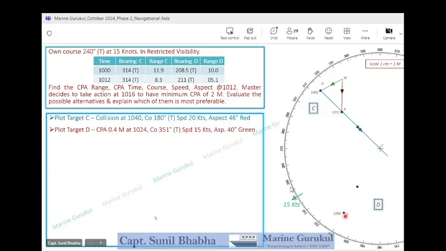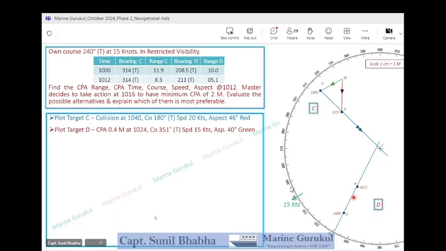The second bearing is 211 degrees true. So at a bearing of 211, the range is 5.1 nautical miles. As per our scale, at a range of 5.1 nautical miles, we plot the second position of target Delta. This observation is taken at 1012 hours, and this position is named as Alpha.